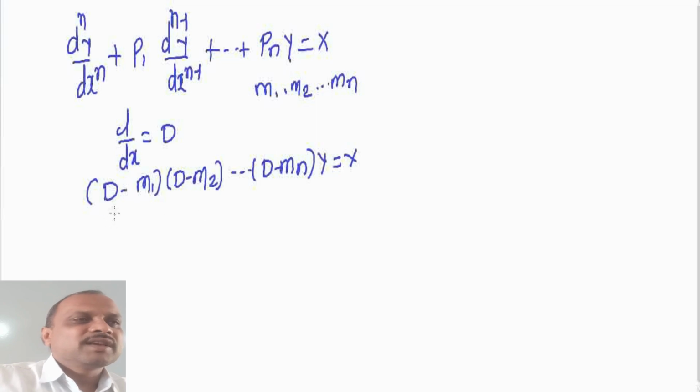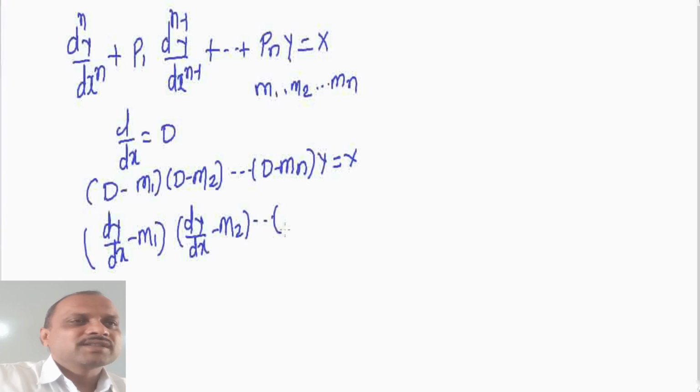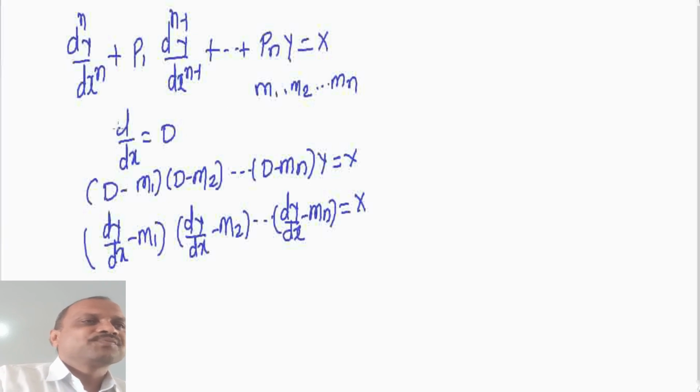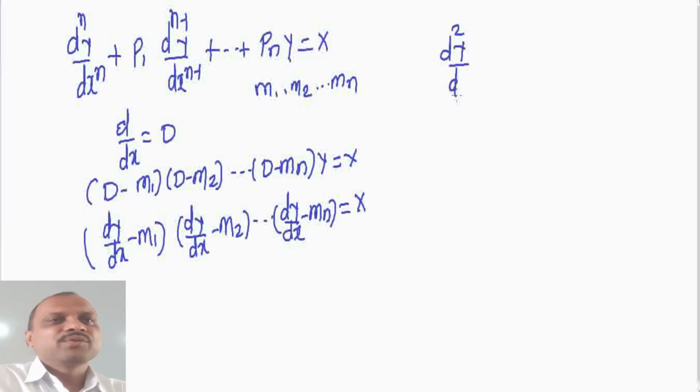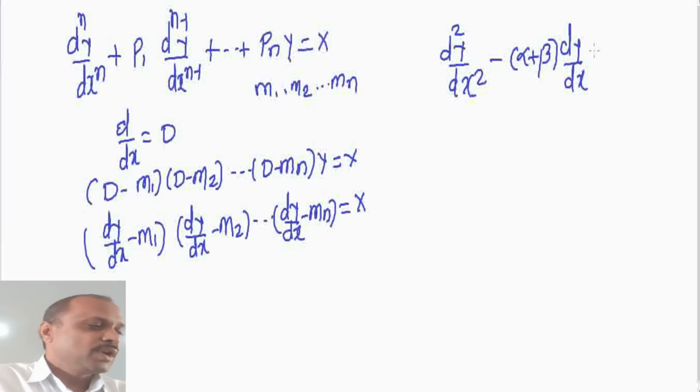Here this is the same as (dy by dx minus m1)(dy by dx minus m2) ... (dy by dx minus mn) equal to X. Now suppose we consider a second order differential equation: d2y by dx square minus (alpha plus beta) dy by dx plus alpha beta y equal to 0.